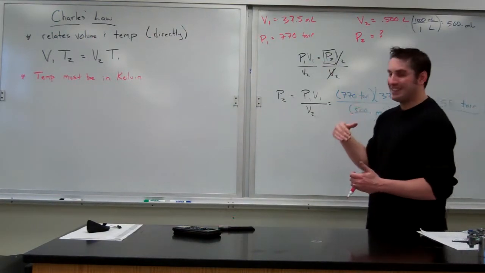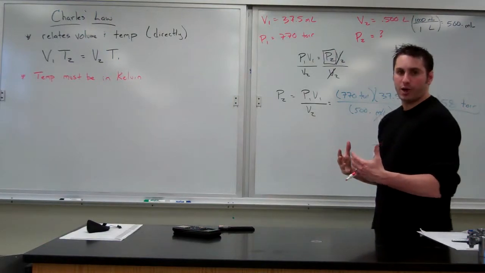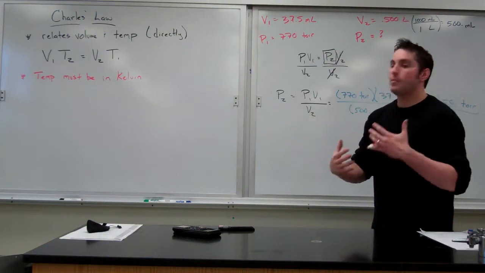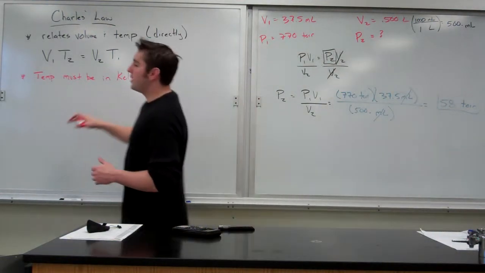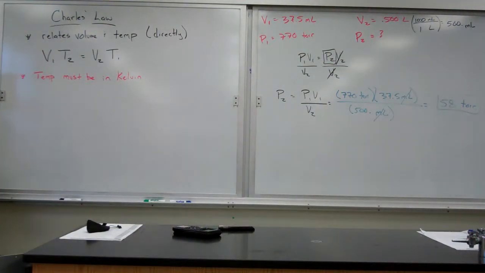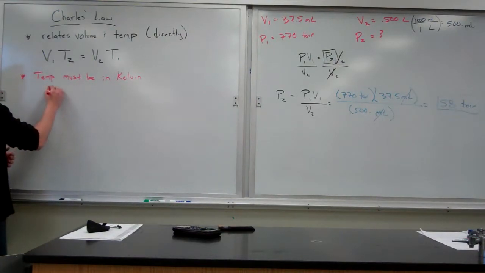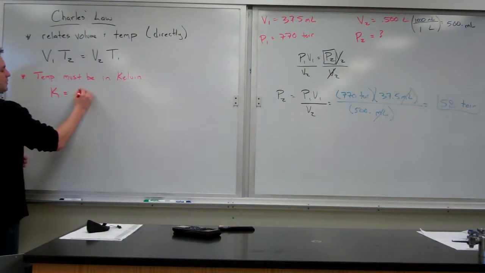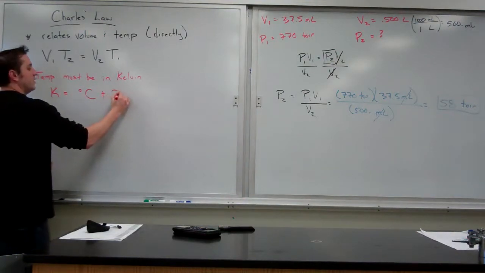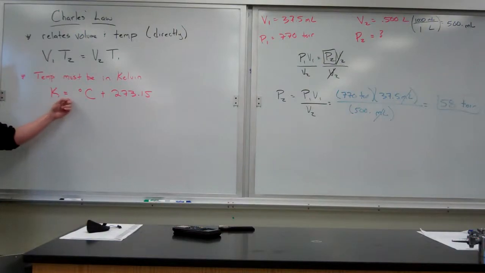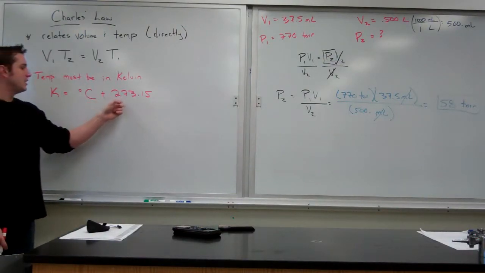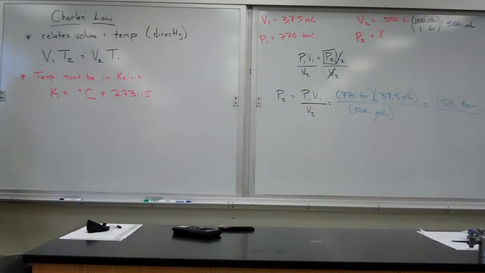It bottoms out at 0, which is called absolute 0. And absolute 0 is the point where all molecular motion stops. So we have to use the Kelvin scale, otherwise our equations will not work. If you have forgotten how to convert from Celsius to Kelvin, you use this equation. Kelvin is always equal to the degree Celsius plus 273.15.